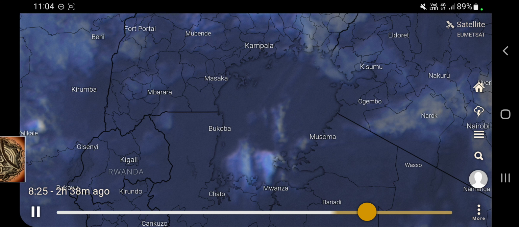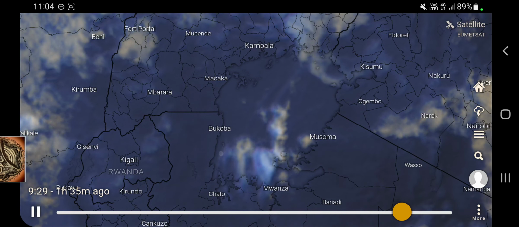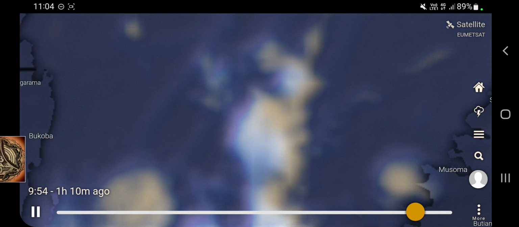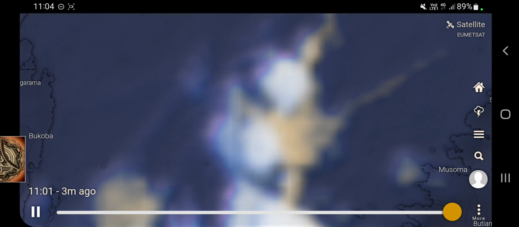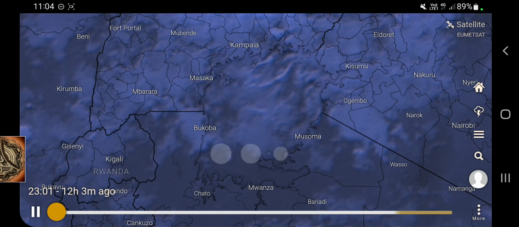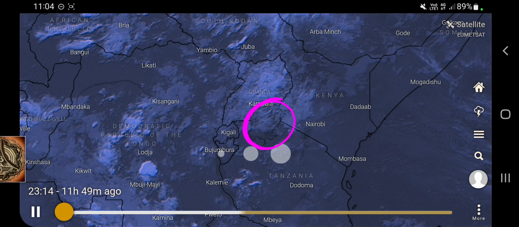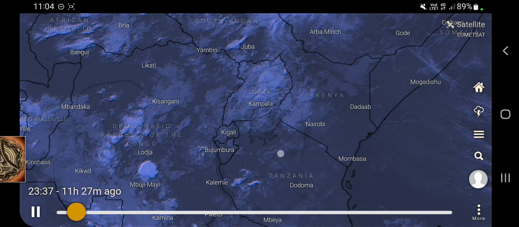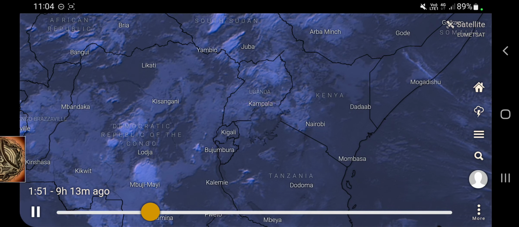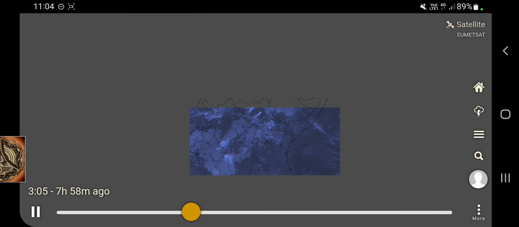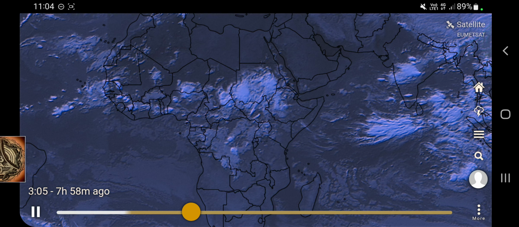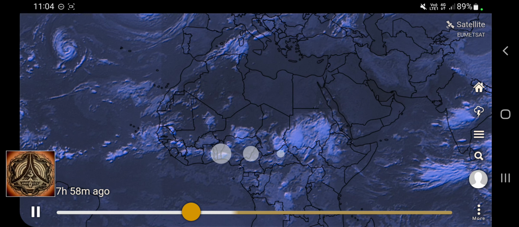Yeah, it doesn't say that it's Lake Victoria, but it is. Let me zoom in a bit more. No, they don't tell you. But anyway, that's Lake Victoria, and its northern shore is almost exactly at the equator. So everything above this is the northern hemisphere.